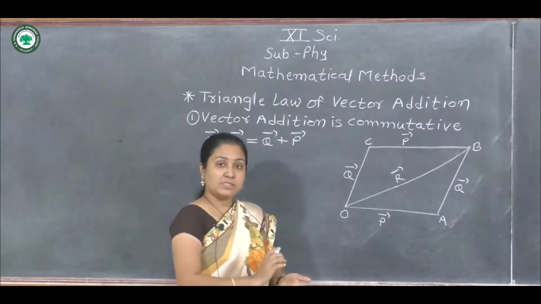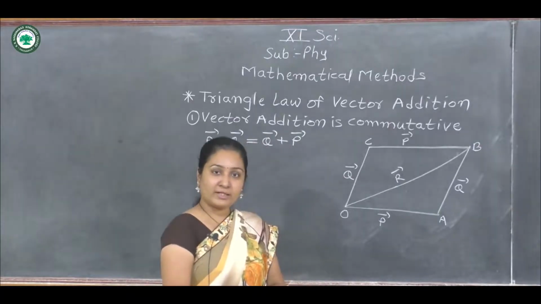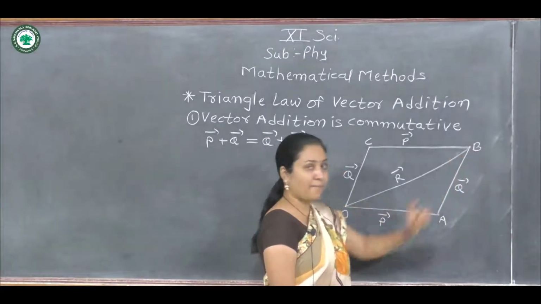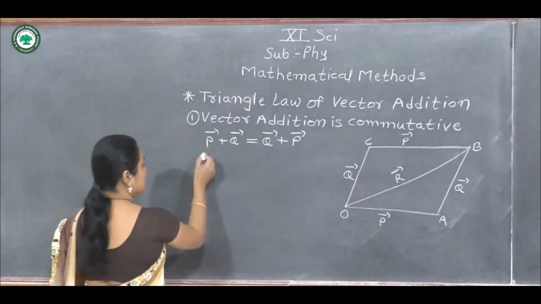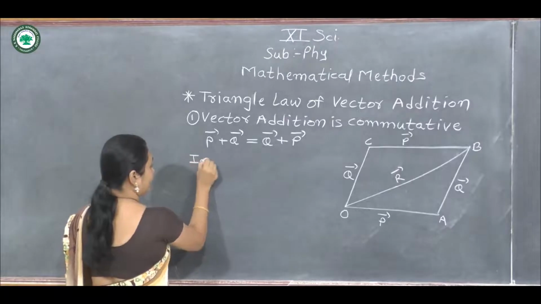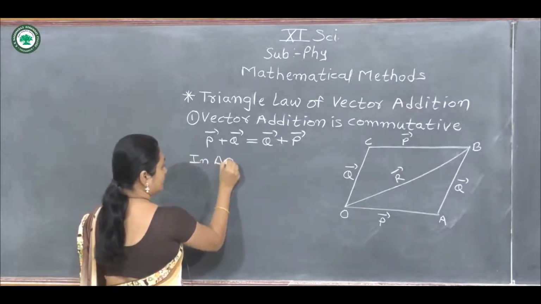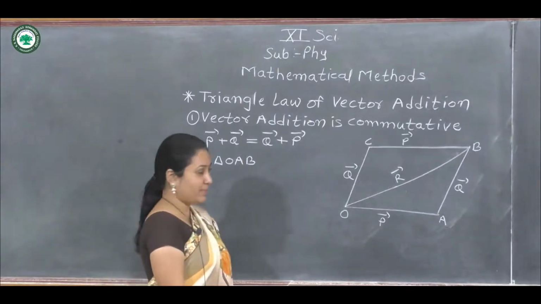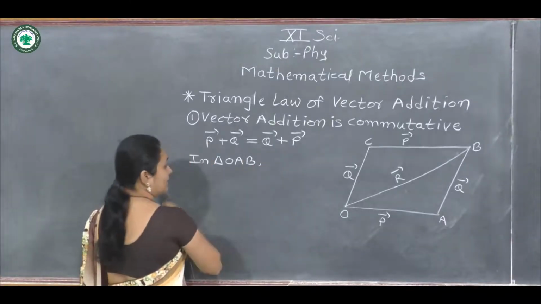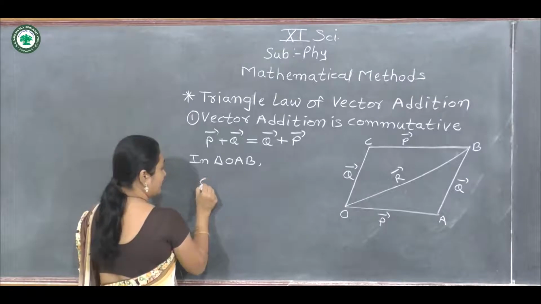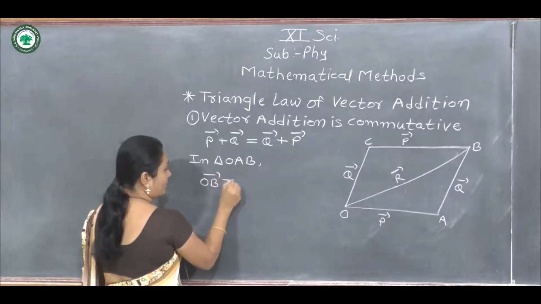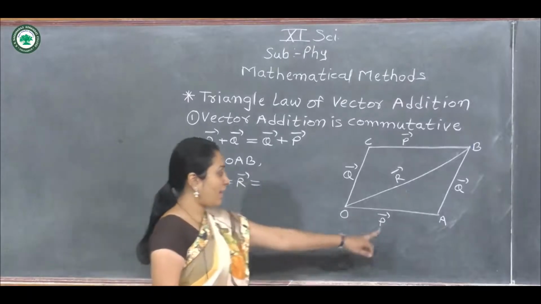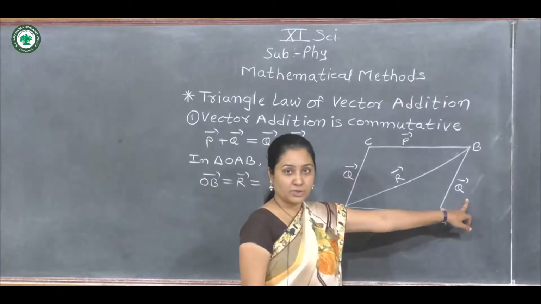By using the triangle law of vector addition in triangle OAB, the resultant vector is OB bar, which is R bar. So it is given by P bar plus Q bar.